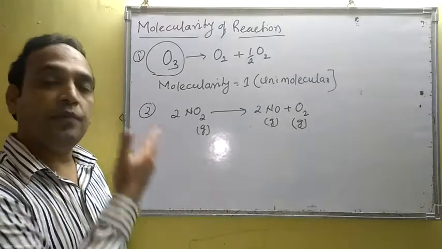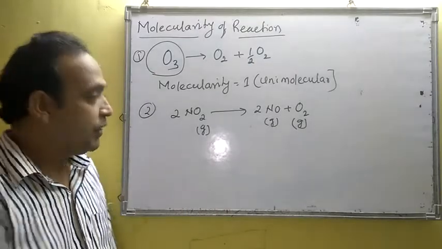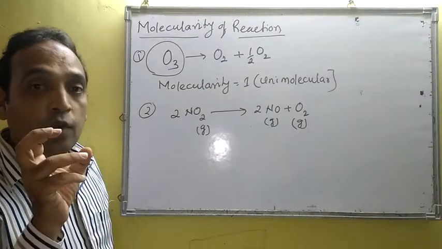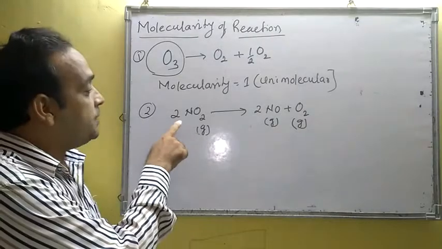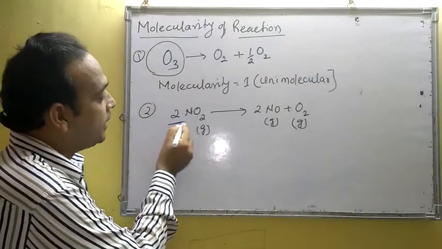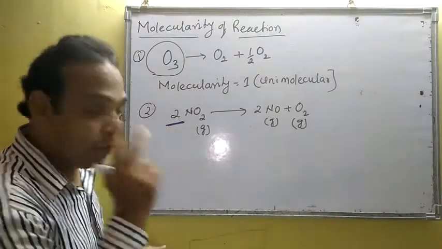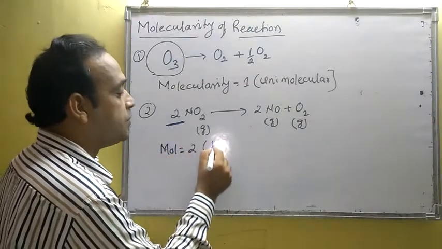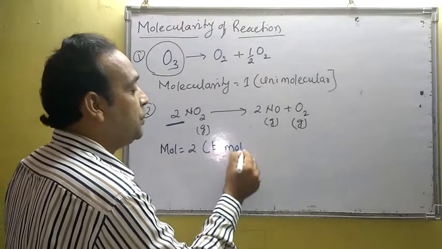My question: find out its molecularity. Now my reactant is NO2, and molecularity is the number of reacting species. So how many NO2 are there? 2. So what is the molecularity? It is 2, which means it is called a bimolecular reaction.